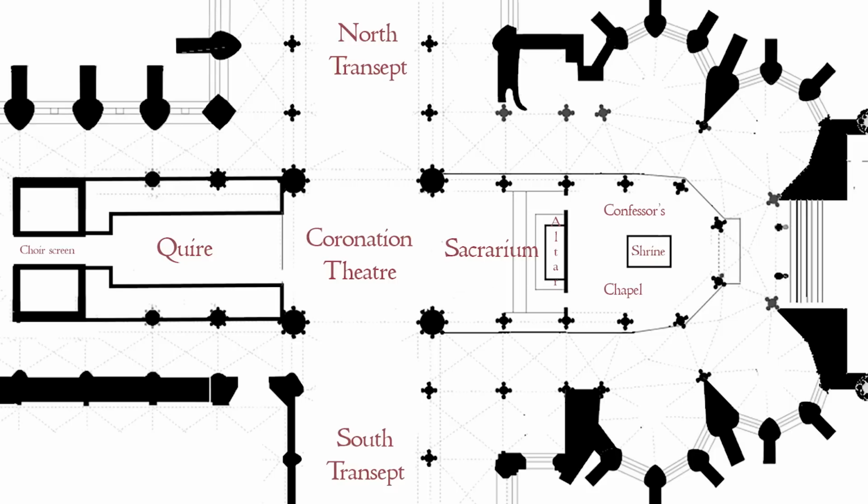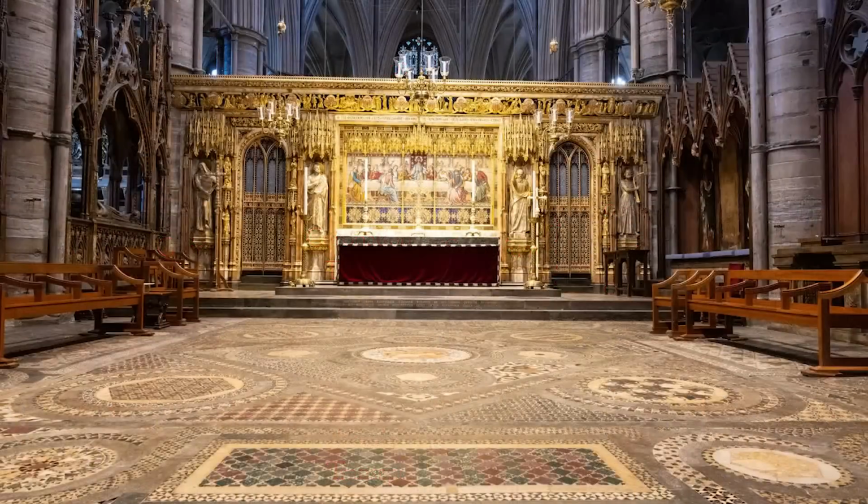The focal point of the sacrarium, this part of the church, is the high altar, where the service of Holy Communion will be celebrated at the coronation. Well, we hope so, and where the crowns and regalia are laid and blessed before they are used. When the king arrives, he will bow to the altar before taking his seat.